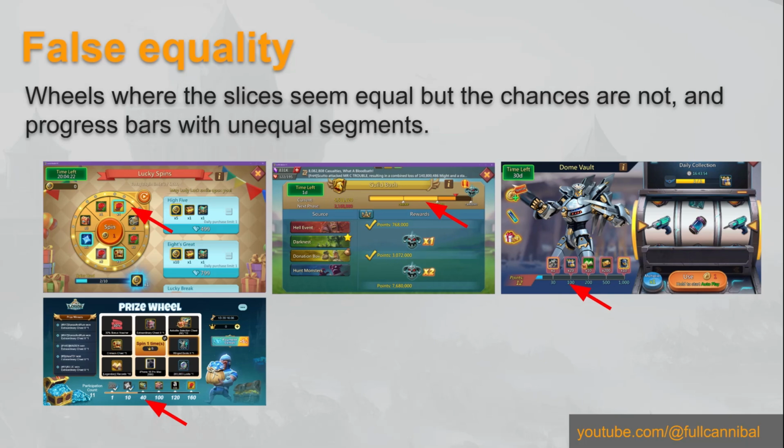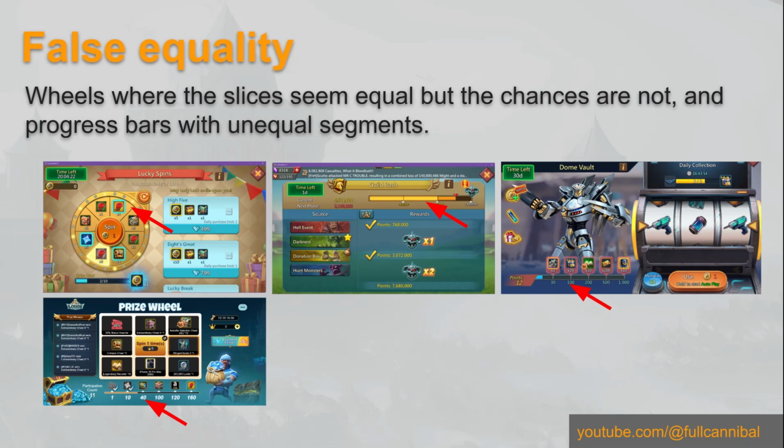So when you look at a bar that starts at 30, 100, 200, they're drawn to make them look like equal segments, but they are dramatically longer to get there because they're harder to get at the end. That's misleading because in the back of your mind, you're thinking of it as a progress bar with equal segments along the way, but what you don't realize is it's progressively harder and harder to get to the end of that progress bar.